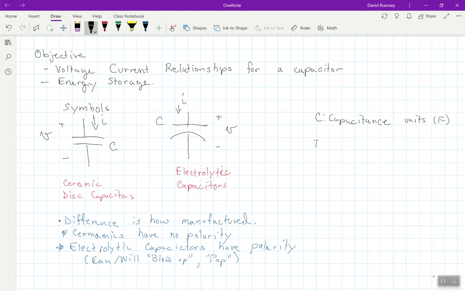Now, typical values for PCB caps, so caps on a printed circuit board, like on a motherboard or things of that nature. It's not to say that you don't use bigger sizes than this, because there are absolutely applications. They're in the microfarad to picofarad range, what we would consider typical or realistic values.